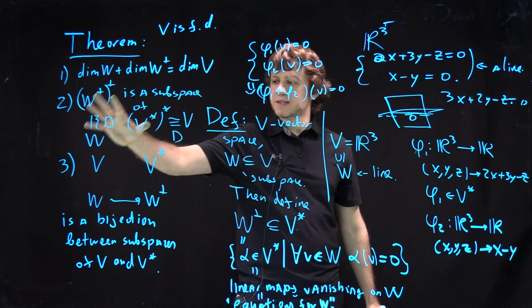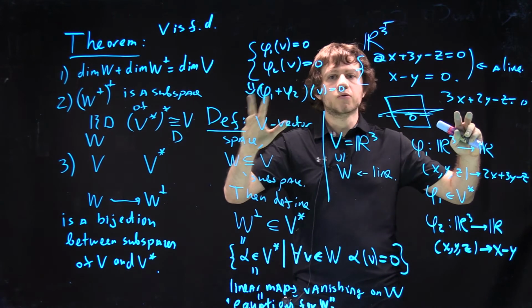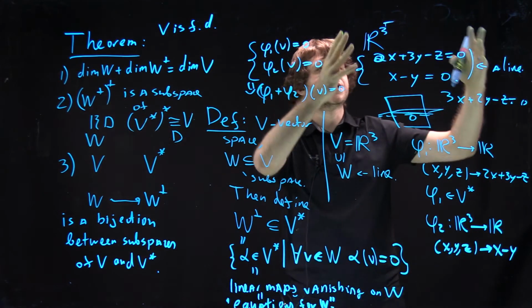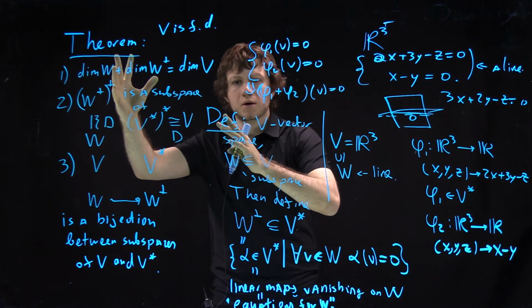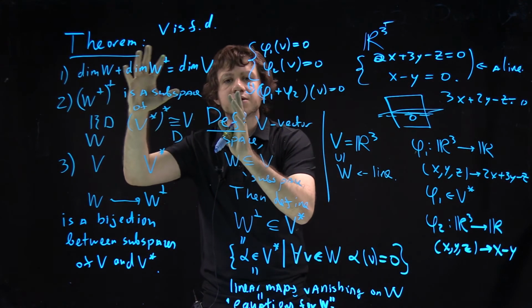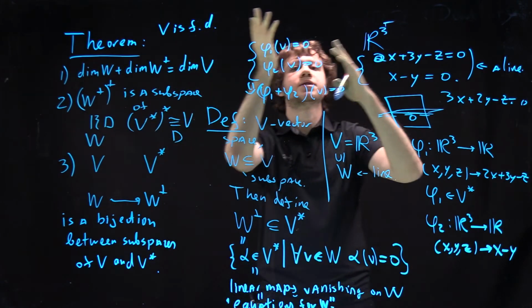So that's very important. Basically the idea is that you can look at all possible systems of equations. For each of them you can look at the space of solutions. Or you can take all possible spaces of solutions, so subspaces inside V, and look at all equations they satisfy.